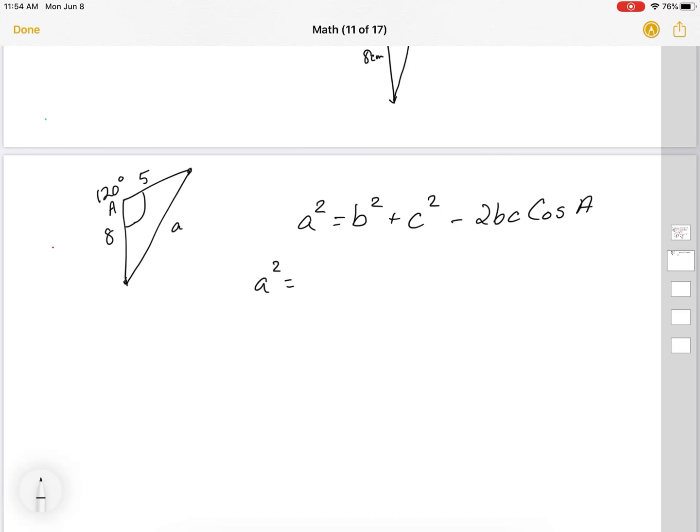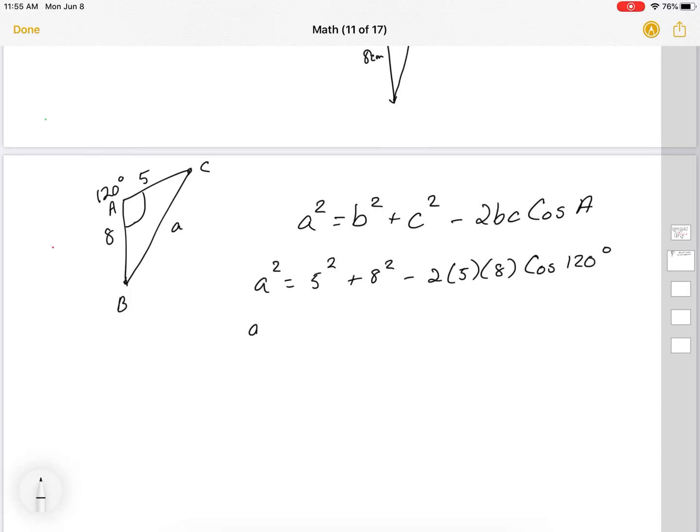A squared is equal to, well, I can arbitrarily make one of these b or c. Doesn't matter which one. So b is 5 squared plus 8 squared minus 2 times 5 times 8 times cos of 120 degrees.